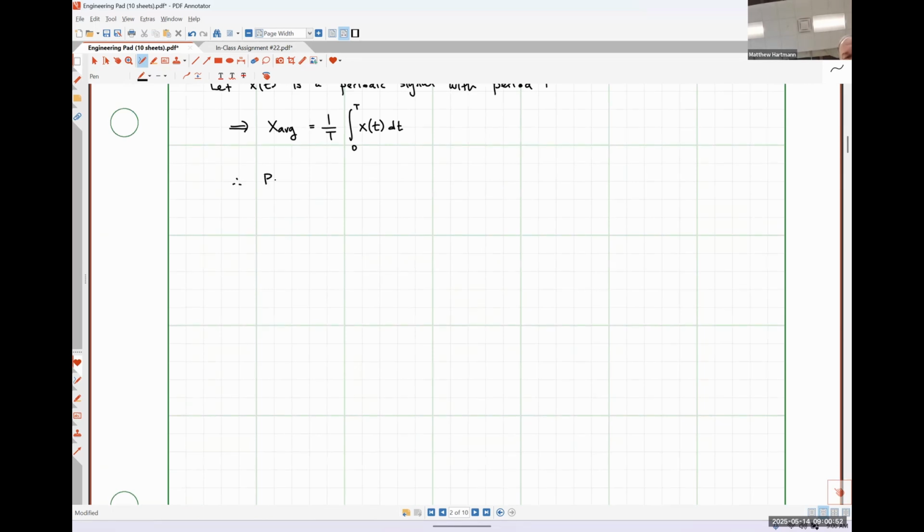So average power would be 1 over T times the integral from 0 to T of, in our most generic form, 1/2 Vm Im cosine of theta v minus theta i, plus 1/2 Vm Im cosine of twice omega t plus theta v plus theta i. Close that off, dt.